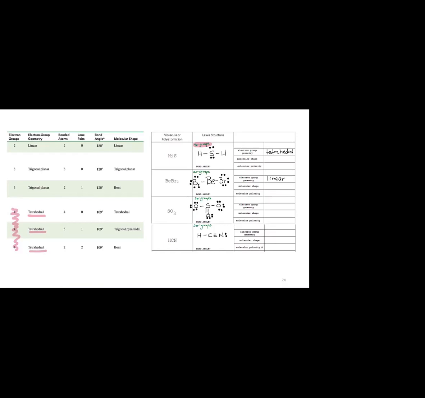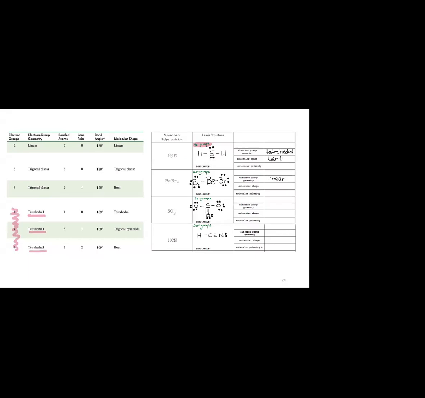Let me go back to the first one, H2S. H2S has 2 bonds and 2 lone pairs. So what is its molecular shape? Great job. This is bent. What about for beryllium bromide?